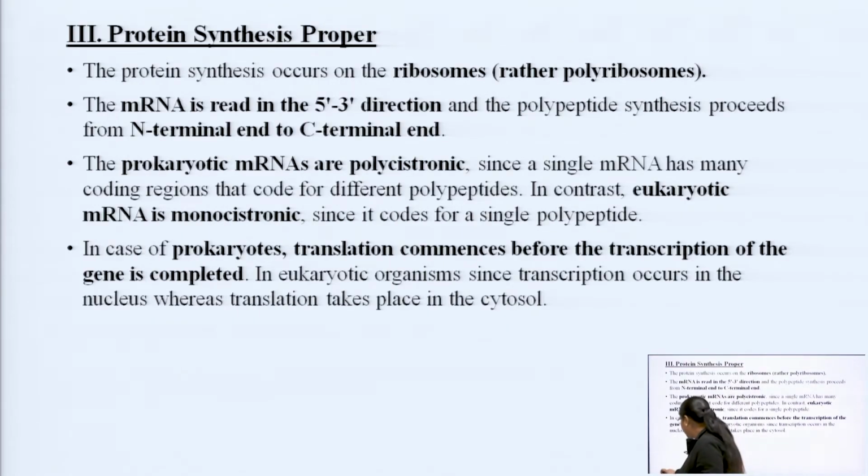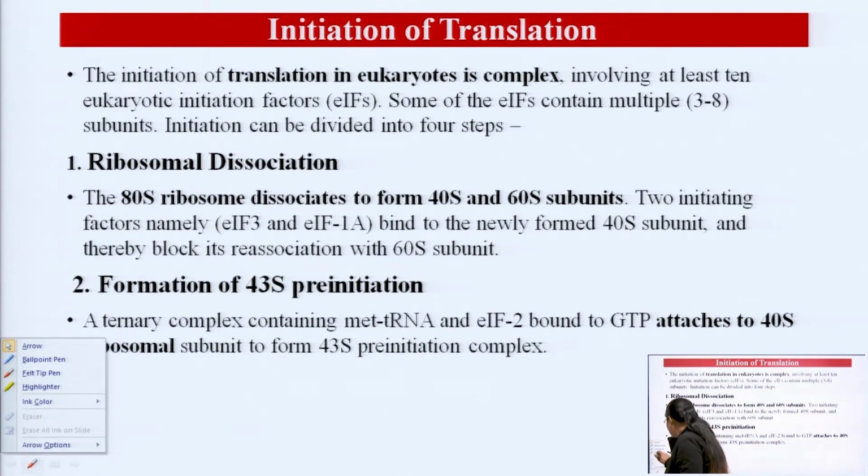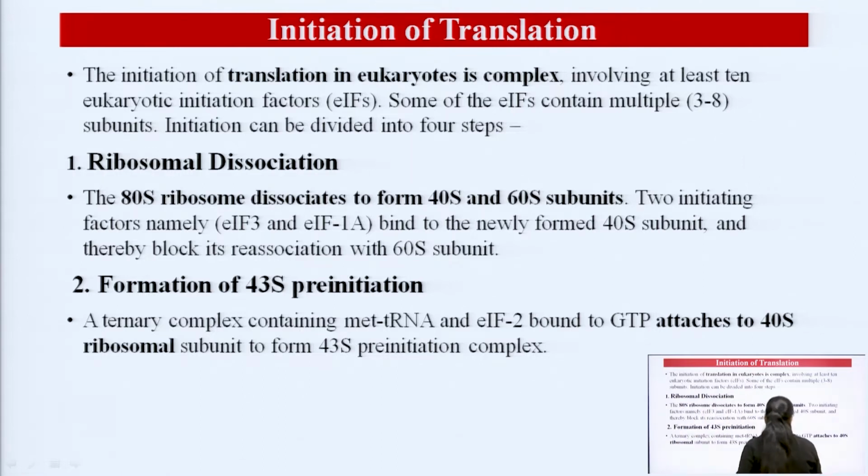If we make the general structure of an amino acid, it has a central carbon. Here is the general structure of our amino acid, in which there is an amino group and a carboxylic group.